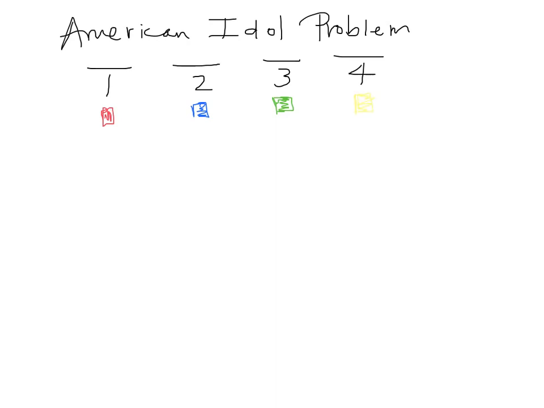What you could do with kids especially is they could start building these different orders. So for example, they could have a red, and then attach that to a blue, and then attach that to a green, and then attach that to a yellow. That would be one order.